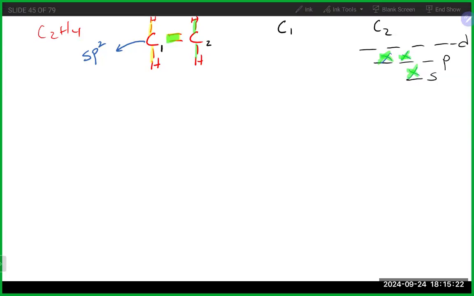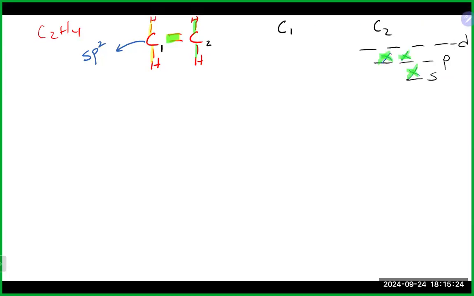So the hybridization of carbon number 2 is also going to be sp2. So both of these carbons will hybridize as sp2. That is 3 letters, that is 3 electron pairs. That is trigonal planar electron pair geometry, a 120-degree bond angle in the triangle type of situation.